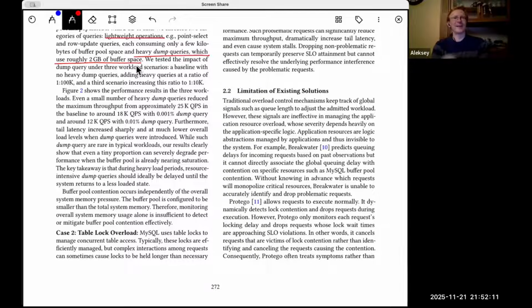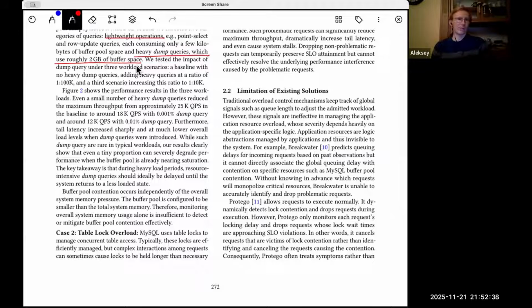Limitations of existing solutions. Traditional overload control mechanisms keep track of global signals such as queue lengths to adjust the admitted workload. However, these signals are ineffective in managing application resource overload, whose severity depends heavily on application-specific logic. Application resources are logical abstractions managed by applications and thus invisible to the system.